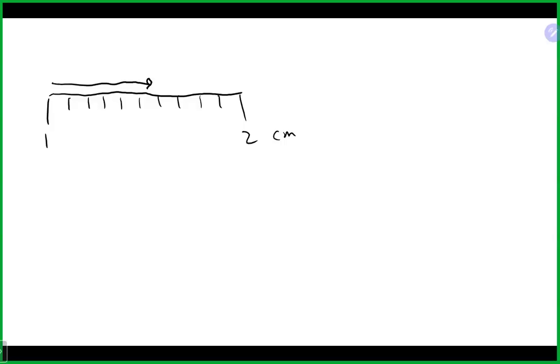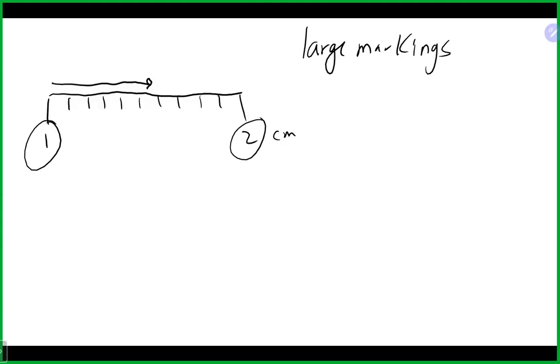All right, so the first thing, whenever you look at any piece of equipment that you're going to take a measurement with, there's really 2 types of numbers or markings that you want to look at. There are what are sometimes referred to as large markings. Large markings are the ones where you look at the piece of equipment and there's actually numbers on those things.